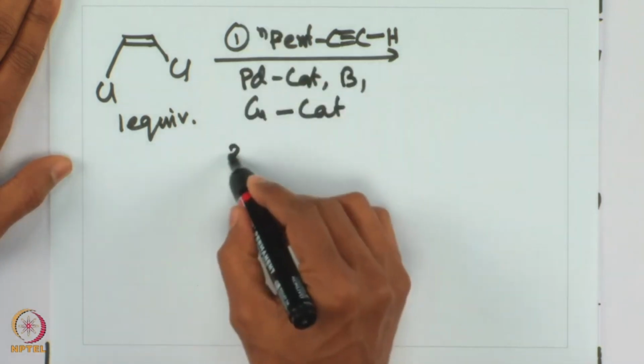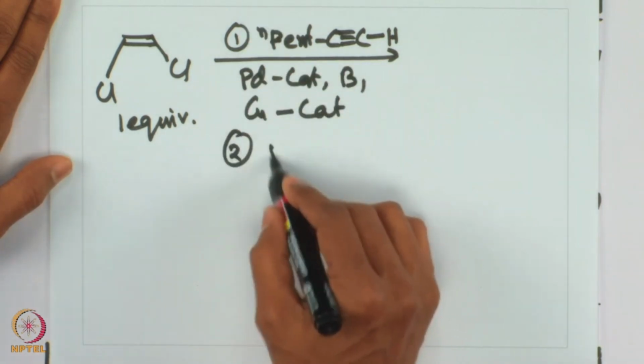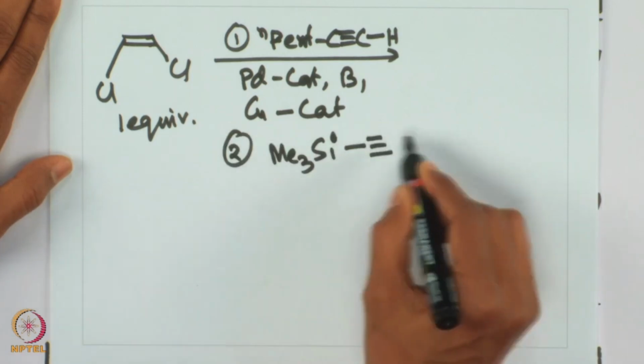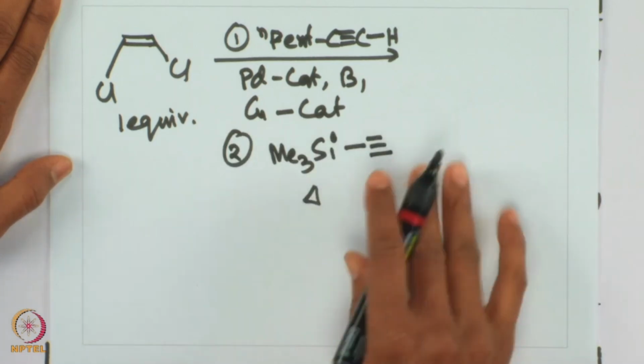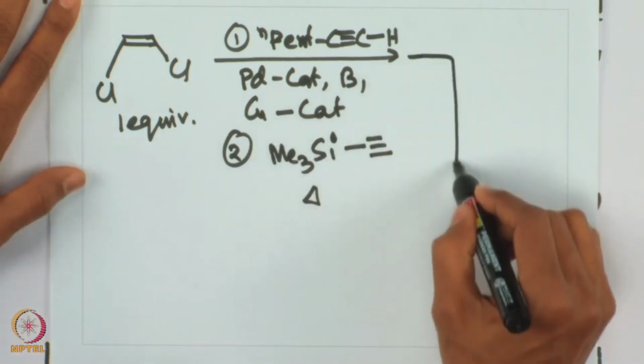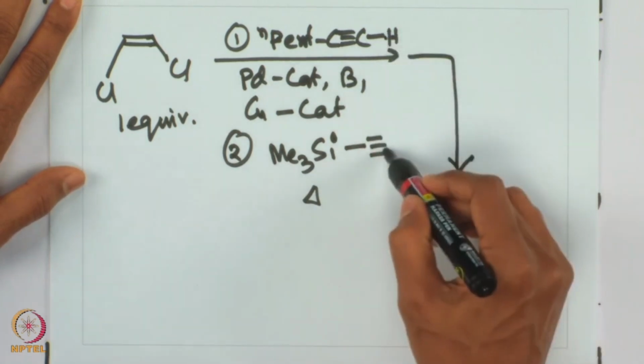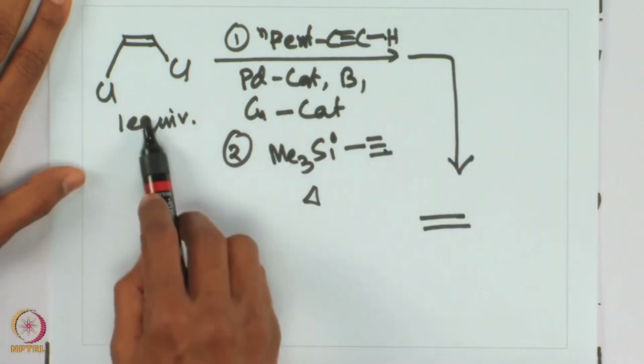That is the first step. Second step, in the same pot you can take another alkyne, and then you of course heat overall. Overall you will see, this is one equivalent, this is one equivalent, and this is also one equivalent.